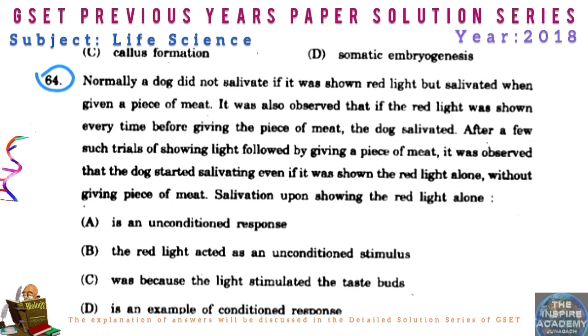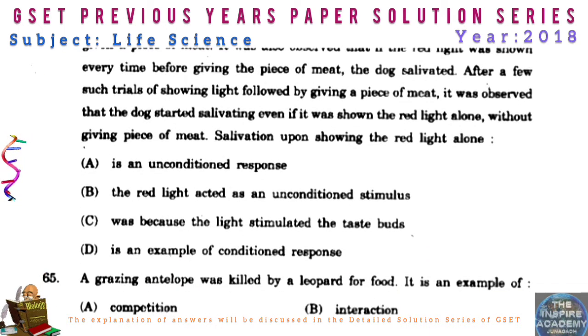After a few such trials of showing light followed by giving a piece of meat, it was observed that the dog started salivating even if it was shown the red light alone, without giving piece of meat. Salivation upon showing the red light alone is an example of conditioned response.